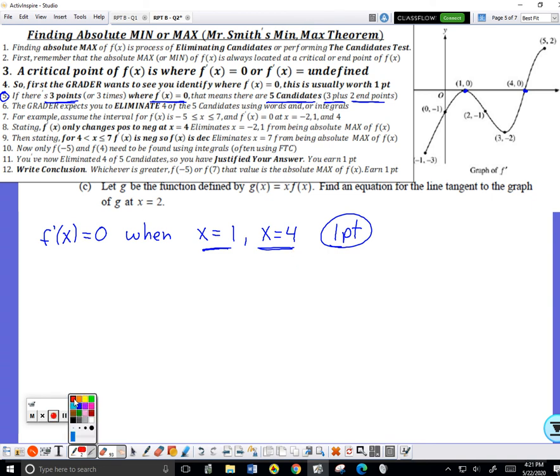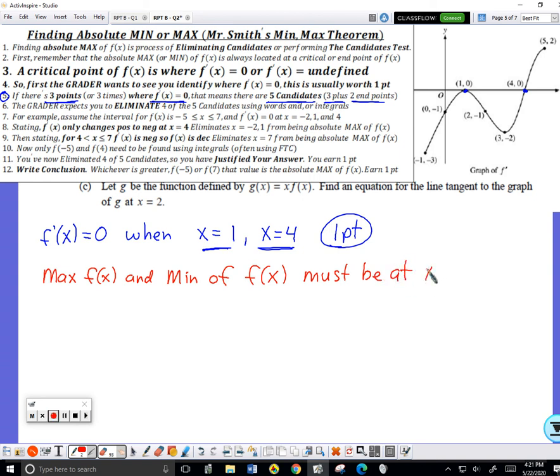So the candidates are, I don't have to write this, but it kind of helps me organize my thinking, max of f and min of f must be at x equal the endpoint negative 1, 1, 4, and the last endpoint of x equal 5. Those are my 4 candidates.